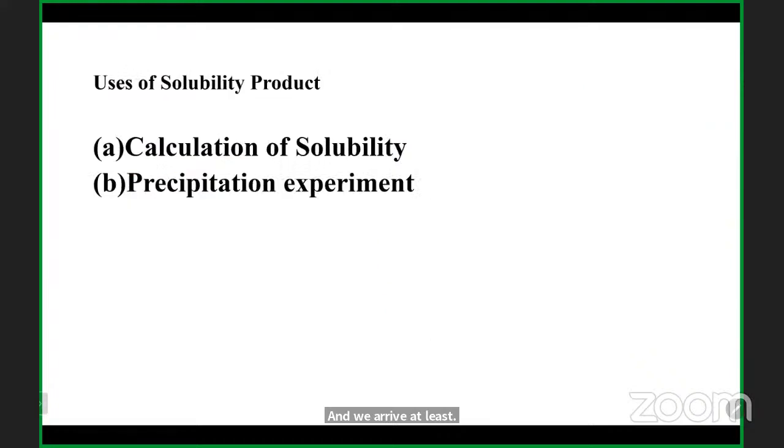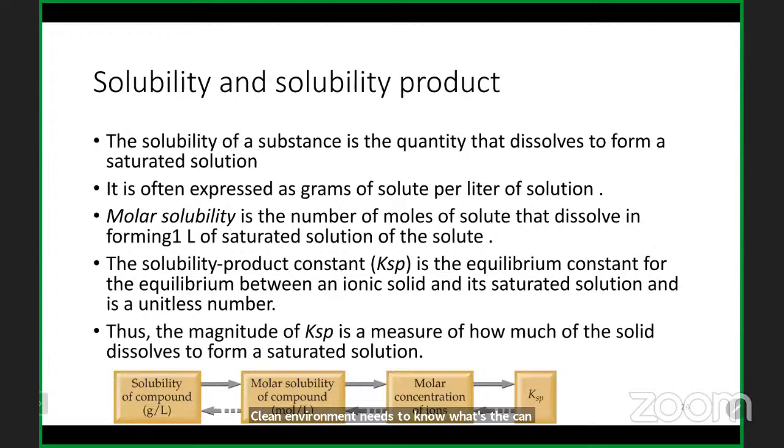Solubility product is very useful, like we just saw, in calculation of solubility and in what we call precipitation experiments. For precipitation experiments, people trying to clean the environment need to know what they can precipitate out of different environments. The solubility of a substance is the amount of the substance that is dissolved to form a saturated solution.